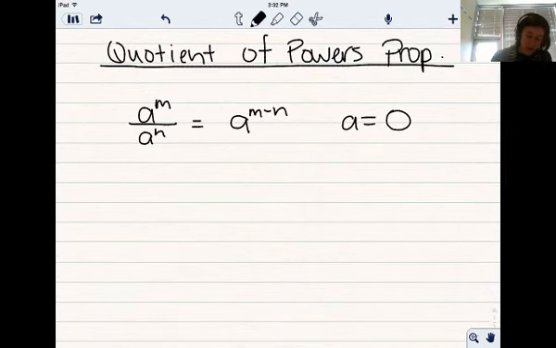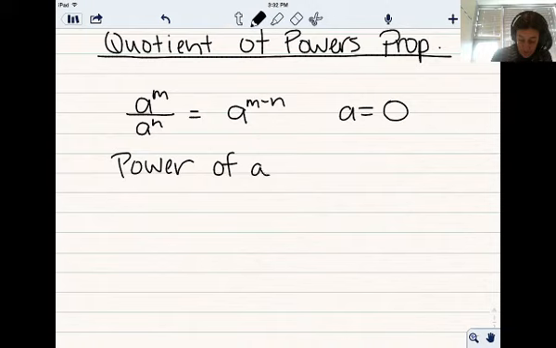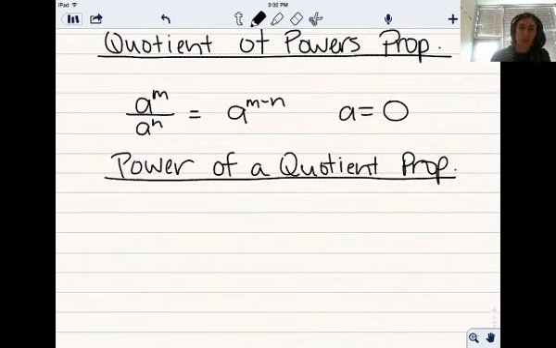An additional property in this lesson that we're going to practice is called the power of a quotient property. Let me show you what that one looks like, and then this video will just contain some examples of how to apply these.